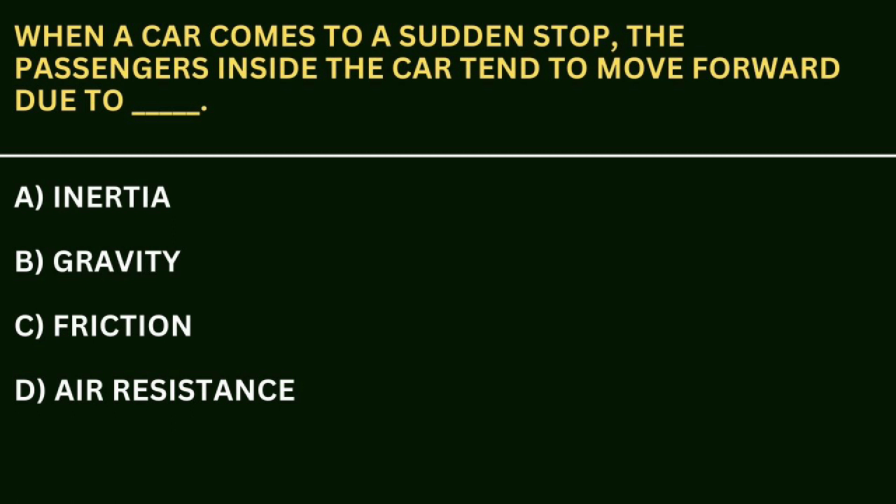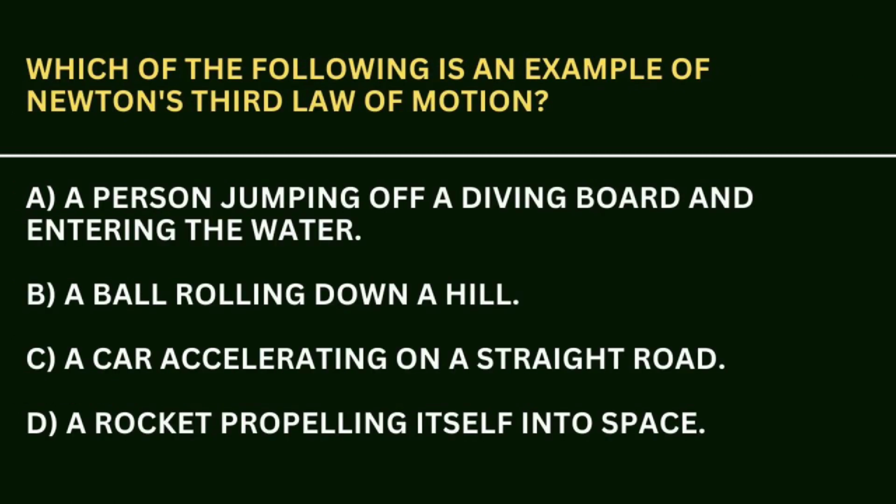Which of the following is an example of Newton's third law of motion? Option D, rocket propelling itself into space.